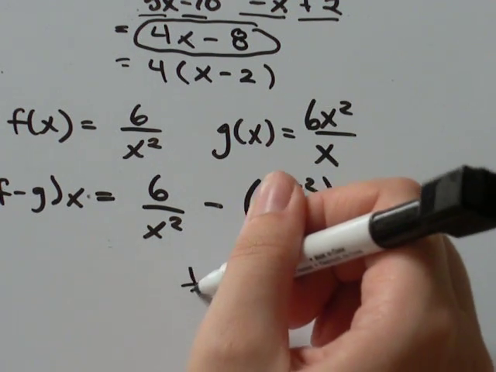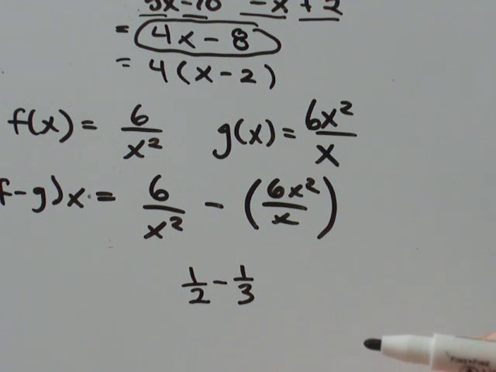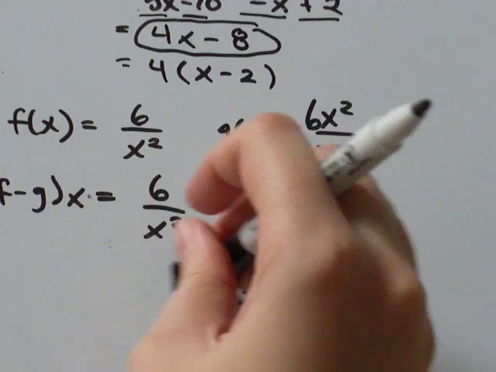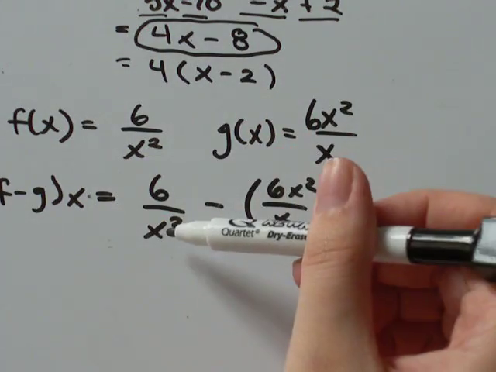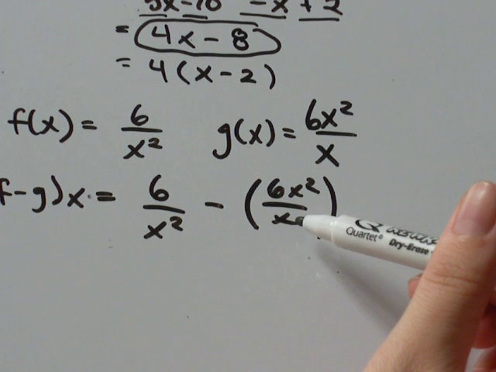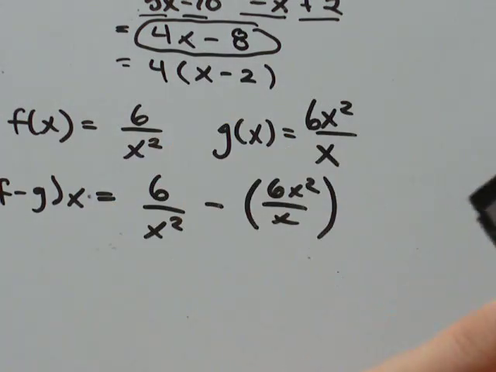This isn't any different than if I said, what's a half minus a third? Now I have a video on subtracting fractions. If you're not that familiar with it, you can check that out. But all you do is find a common denominator. So I've got x squared on the denominator of my first fraction, x on the denominator of my second fraction. They are not like terms, so I need to make them into like terms.